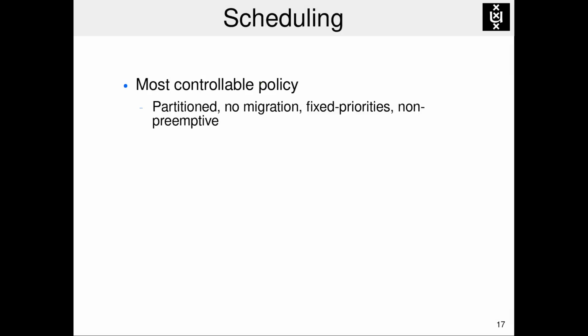Regarding the scheduling policy, we selected the one that allows us to increase our control on time. We selected one that is partitioned, without migration, with fixed priorities, and non-preemptive. For this scheduling policy, we have a schedulability analysis created by Akesson in 2019 that we implemented in our toolchain, which then allowed us to check the validity of our application regarding the schedule.